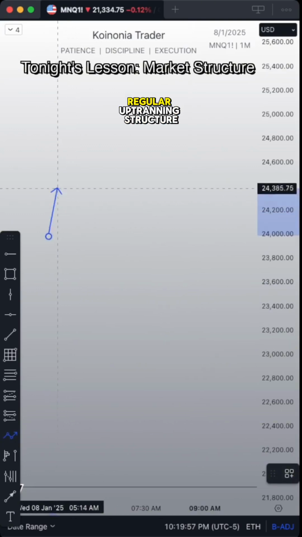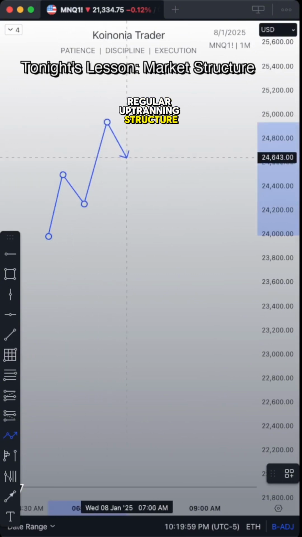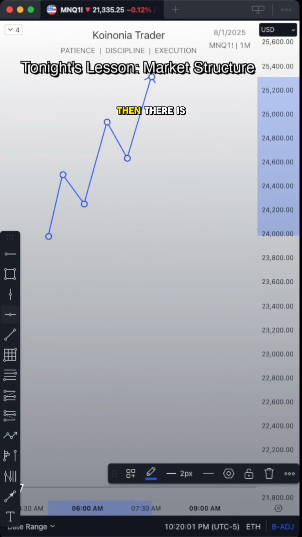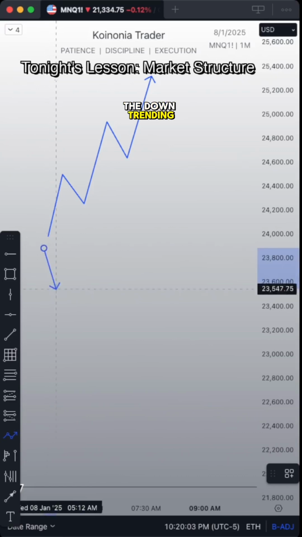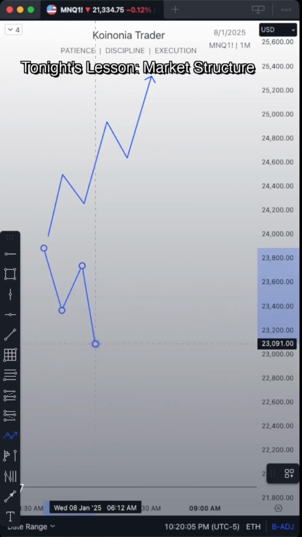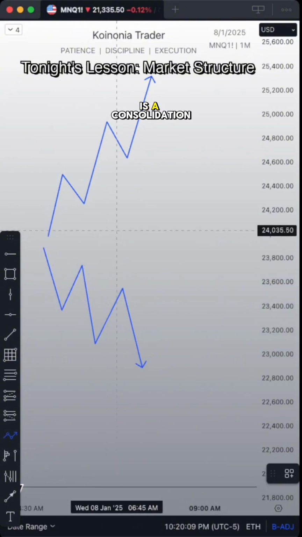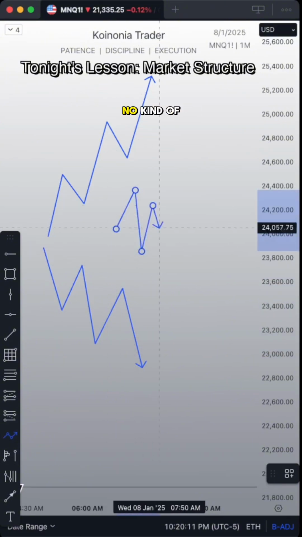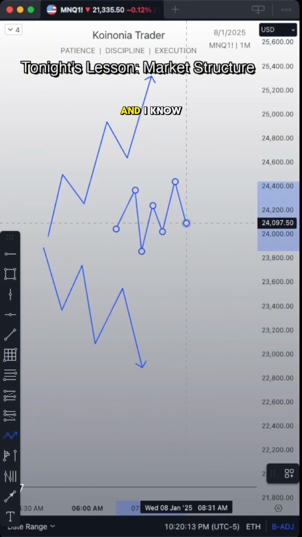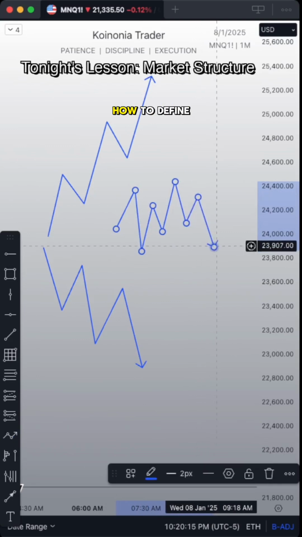There is the regular uptrending structure, like this. Then there is the downtrending structure, like this. And then there is a consolidation kind of structure, and I'll explain how to define each one.